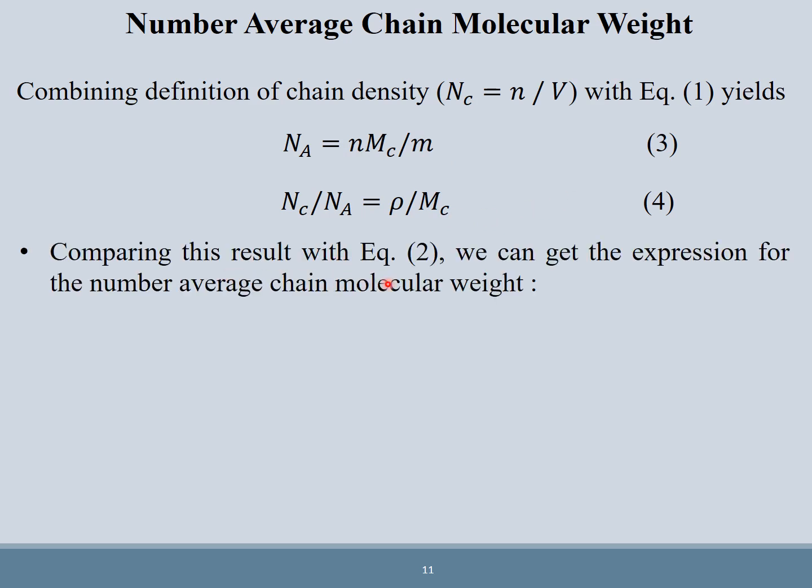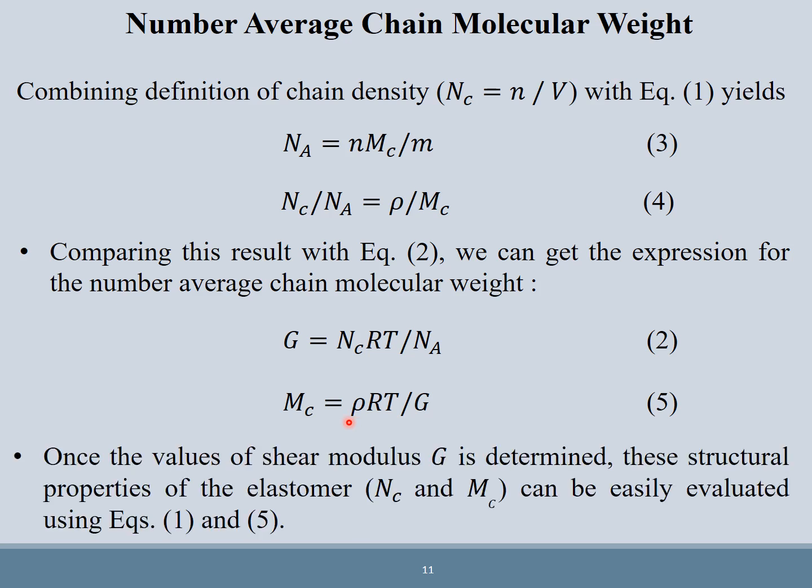Comparing this result with equation 2, we can get the expression for the number average chain molecular weight. This is equation 2, G is equal to Nc RT upon Na. If we compare these two, we get Nc upon Na is equal to rho upon Mc. So we replace it with rho over Mc, and we can solve for Mc, that is Mc is equal to rho RT upon G. This is the relationship for the molecular weight in terms of the shear modulus, and the additional property required is the density of the rubber or polymer.